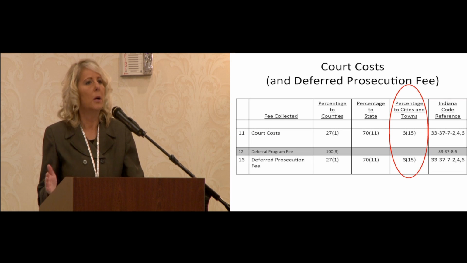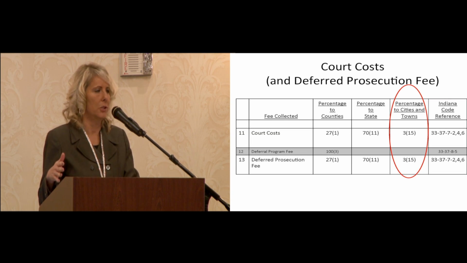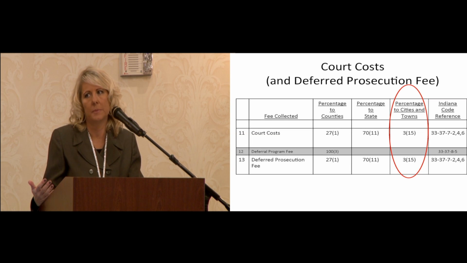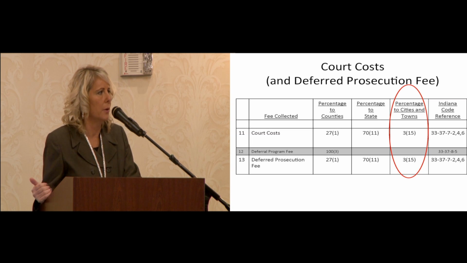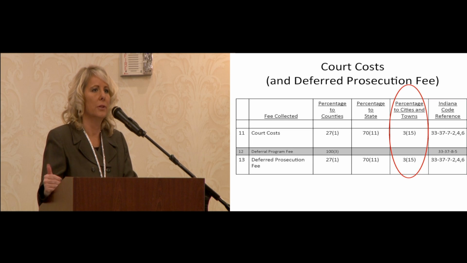Once you figure out who qualifies, it's a simple statutory formula based on populations. It's easy to know which cities and towns have a law enforcement agency, but it's difficult to determine which ones of those may prosecute 50% of their ordinance violations in your courts.